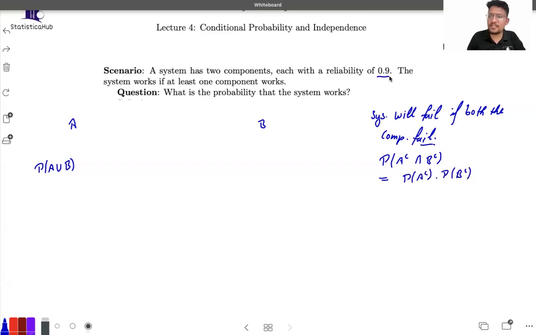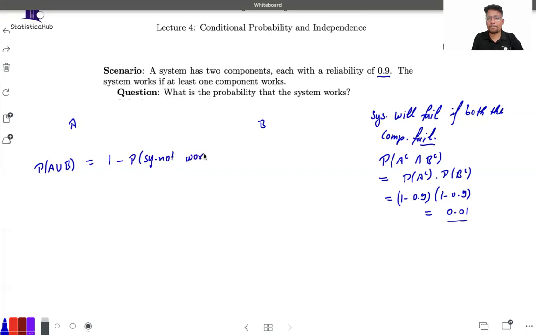The reliability given is 0.9, so this will be 1 minus 0.9 times 1 minus 0.9. I will be getting 0.1 times 0.1, which is 0.01. This is the probability that the system is not working. So the probability that the system works is 1 minus the probability that the system is not working, which is 1 minus 0.01, I will be getting 0.99. So that is the probability that this particular system will be working.